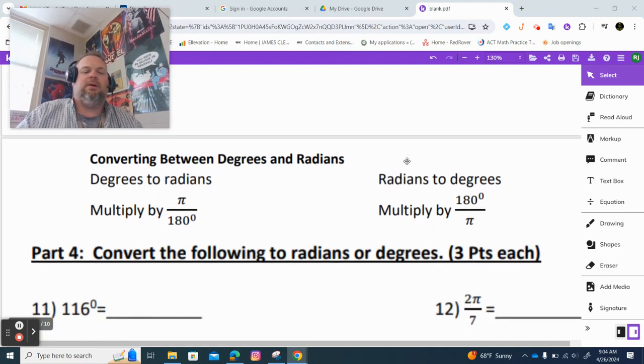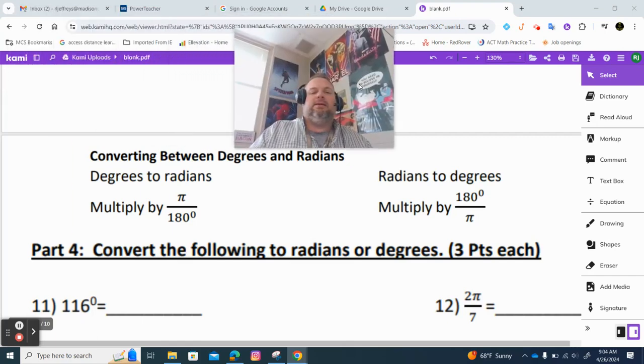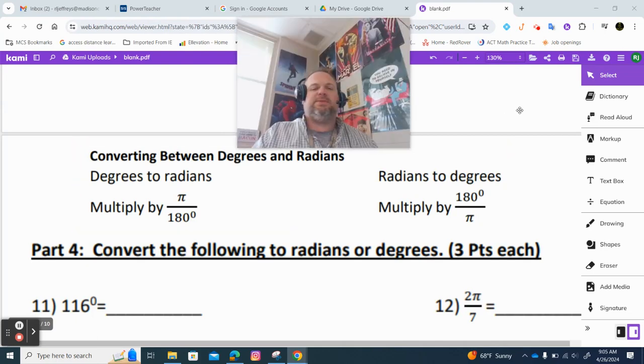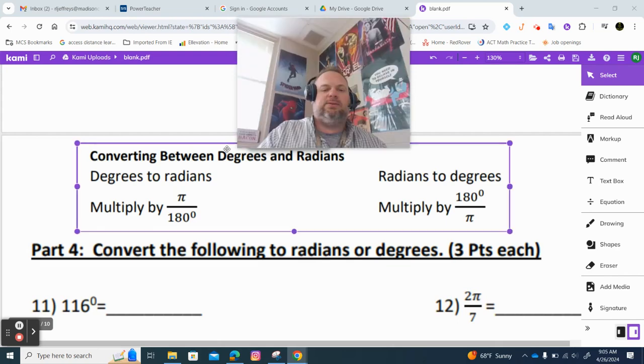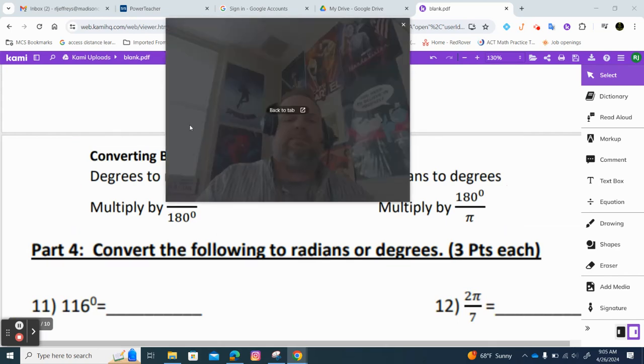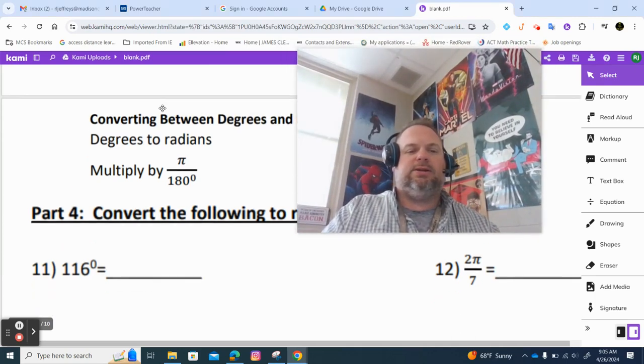All right, remember, degrees to radians, radians to degrees. Okay, there's the steps. So let's try this using the pi thing. All right, I'm going to change.